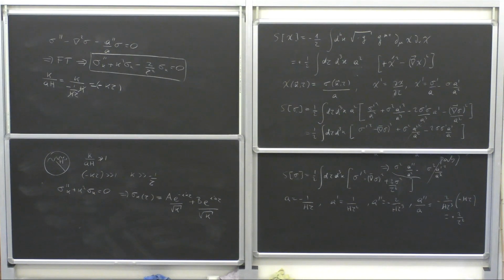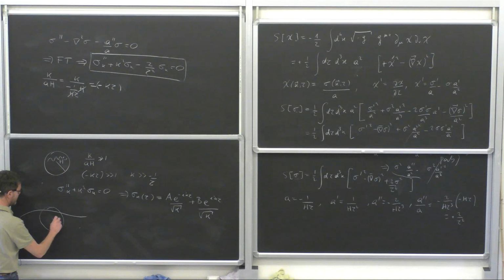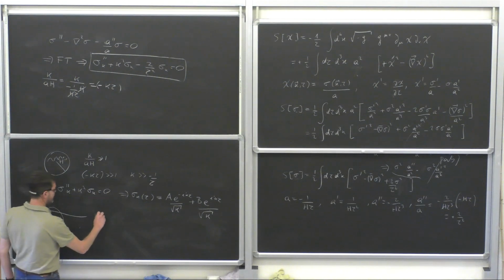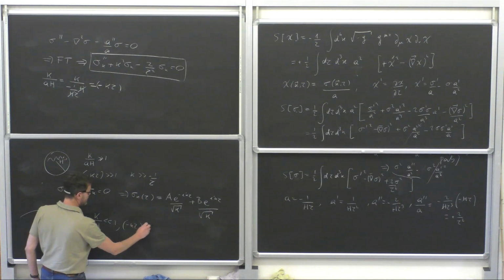On the other hand, if I am in the opposite direction, so I'm taking this time the wavelength much larger than the Hubble radius, I have k divided by aH much less than unity. So that means minus k tau much less than unity.